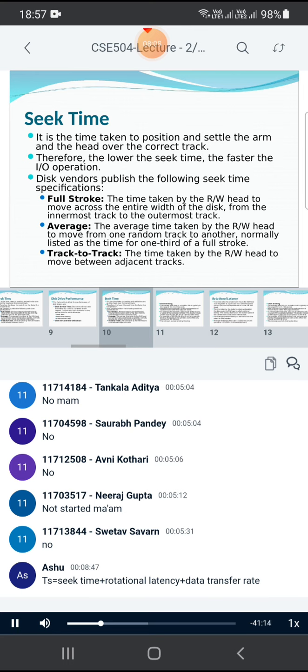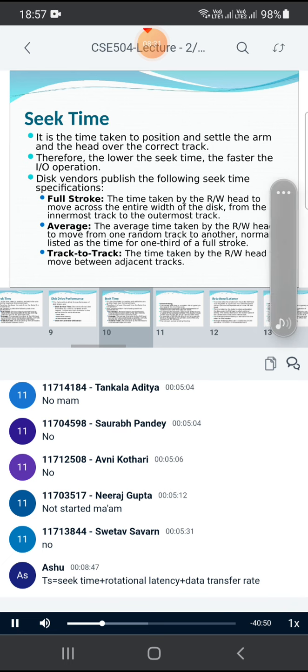As we have discussed, there can be thousands of tracks. So it always takes some time for placing the head over the correct track. Because when we have to perform any operation, we need to identify the location first. जहाँ पे data write करना और from where we have to read the data.